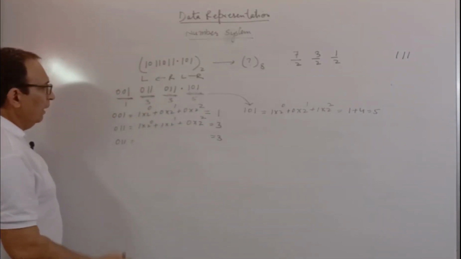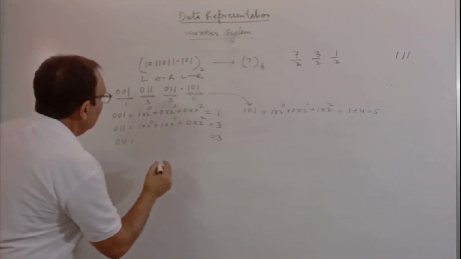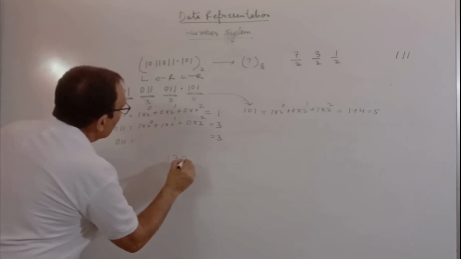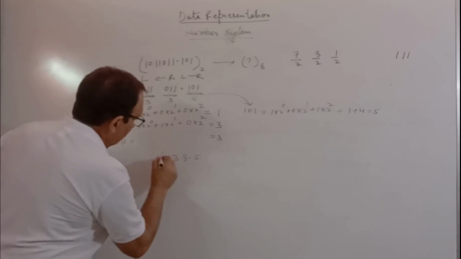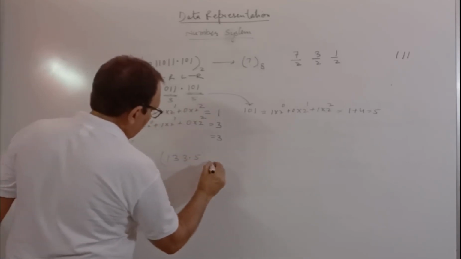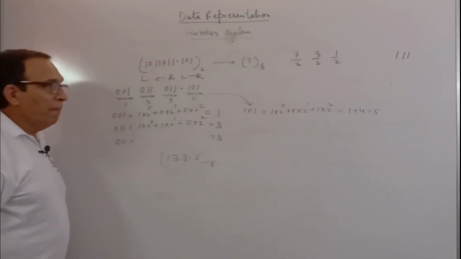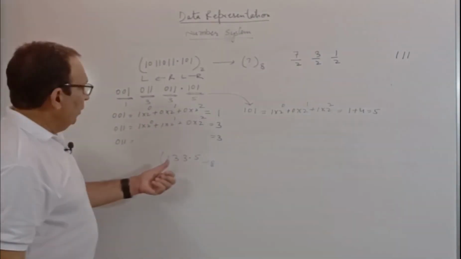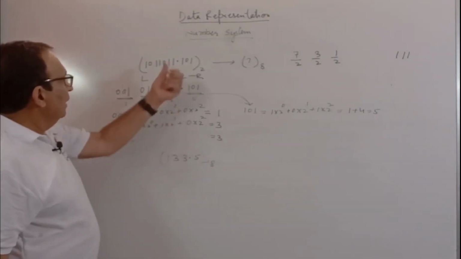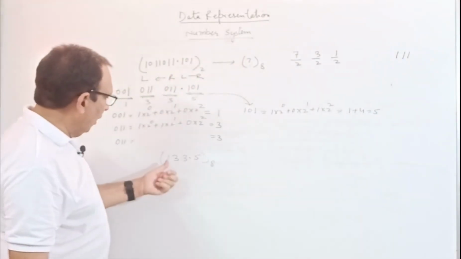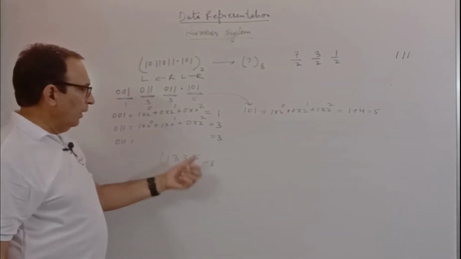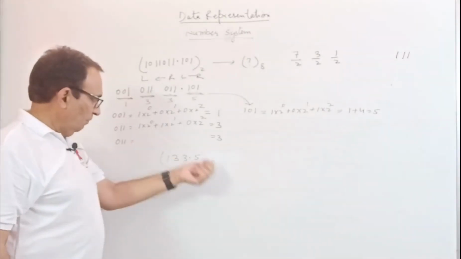So this number comes to be 133.5 octal. So you have seen how we can convert a binary number to an octal number, which is coming 133.5 base 8.